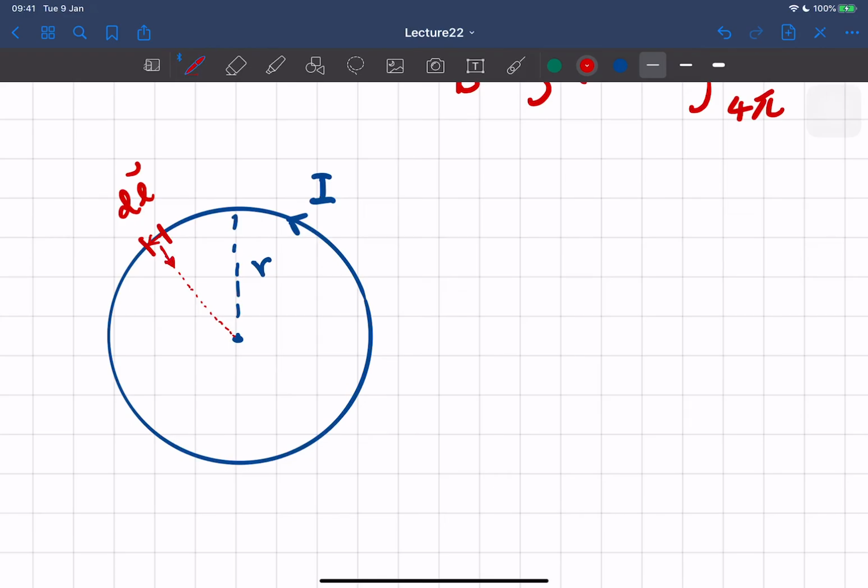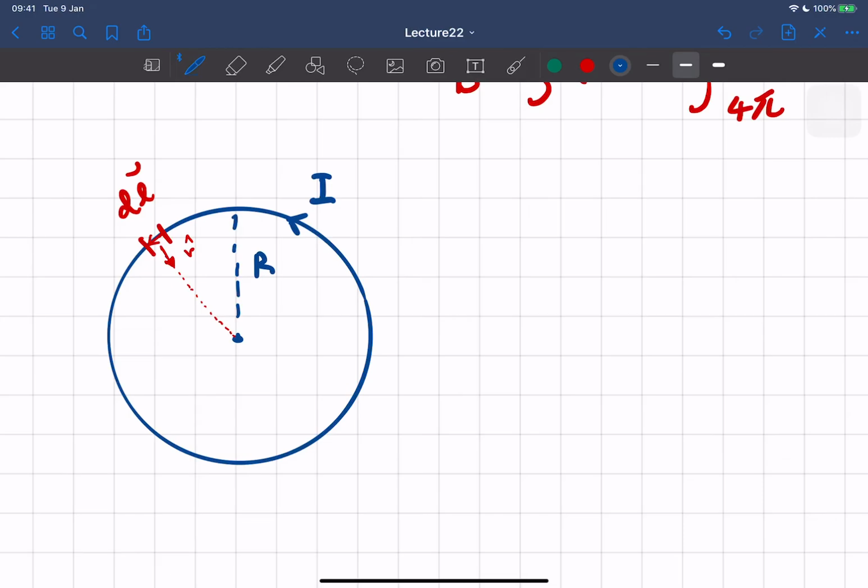So this is r hat, the unit vector from this section pointing to the center of the loop. And the radius is r, that's given by the question already. Actually, let me change this to big R just to be clear.